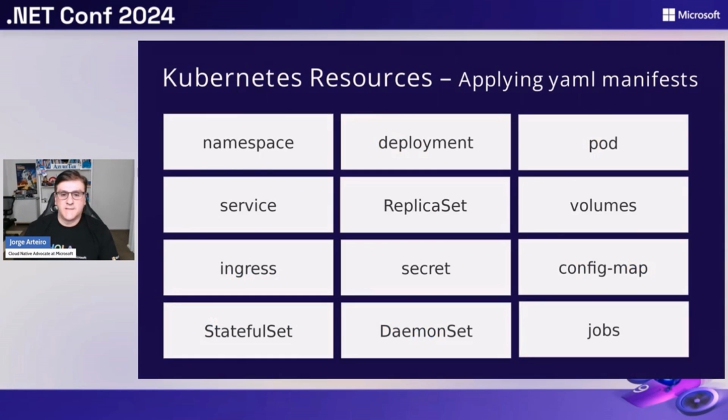Before we start, keep in mind that for you to talk with Kubernetes, you need to understand the main resource types on Kubernetes. The first thing is isolation, the namespace. That's how you isolate your workload inside the Kubernetes cluster. Another one is the deployment. A deployment deploys your application, let's say your front end, and you want to manage the replicas. How many replicas? You want to manage the orchestration of those replicas.